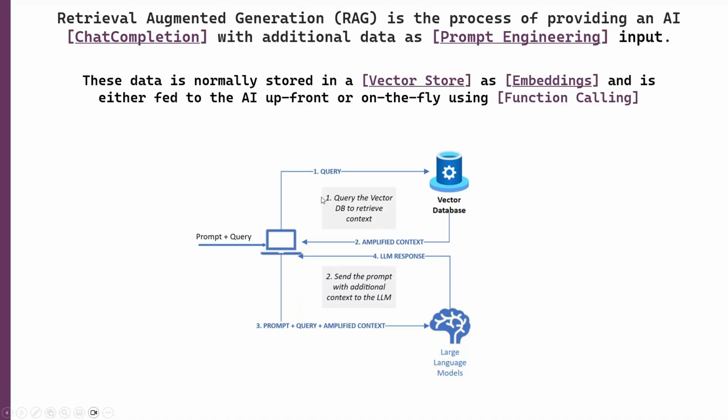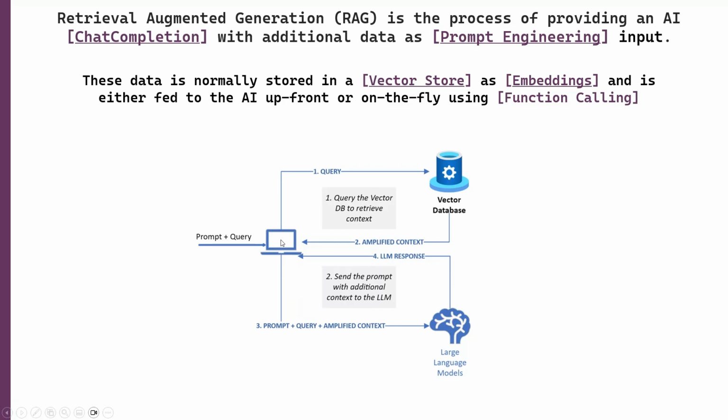But in this case, we're just on the upfront asking the vector database about a similarity search against the data which is stored as embeddings. So we get some data back.